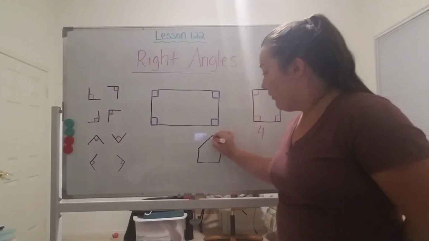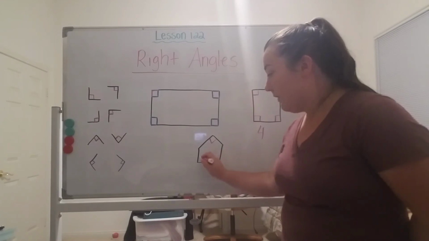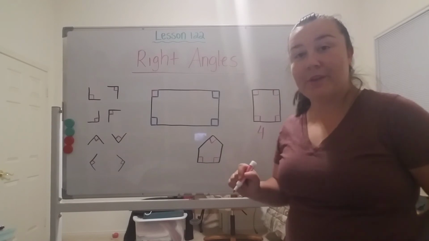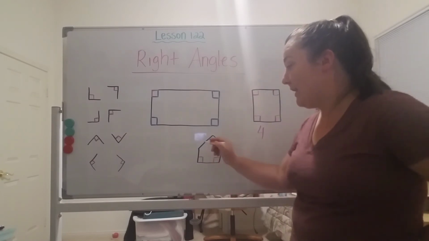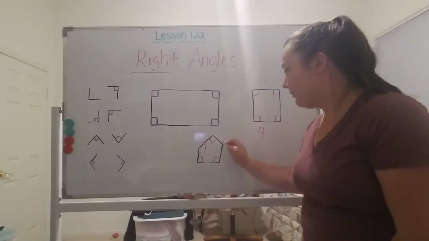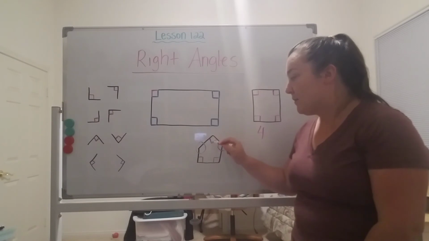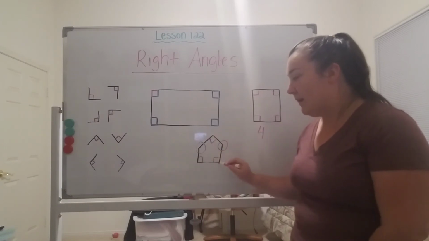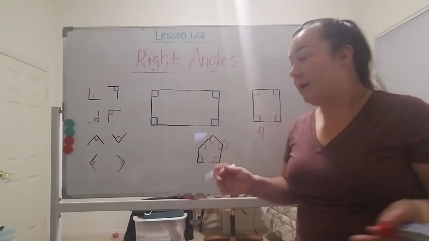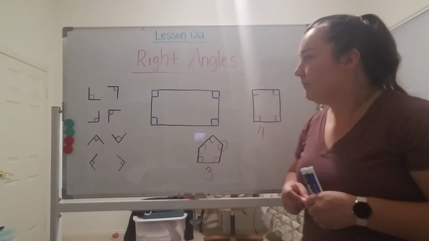So we could have a right angle here, here, and here. But these here cannot be right angles, but this one can be a right angle, this one, and this one here. So we have a total of 3 right angles.